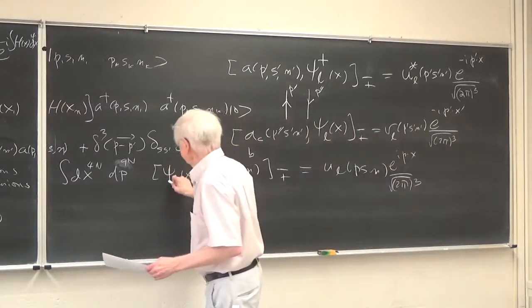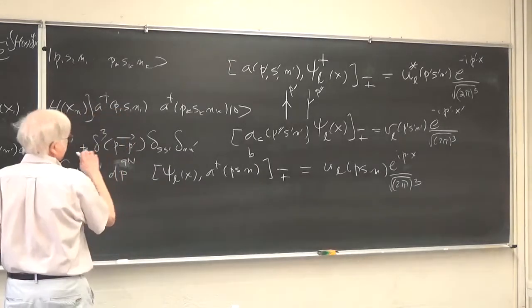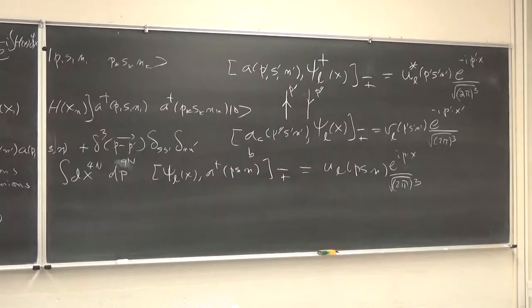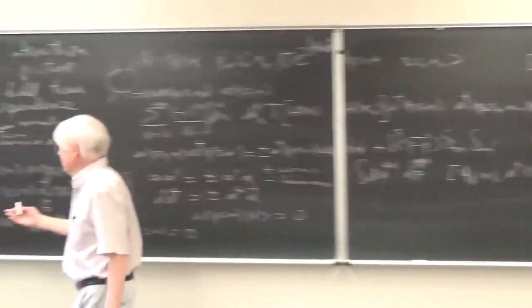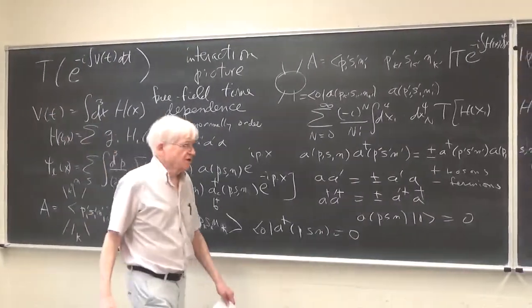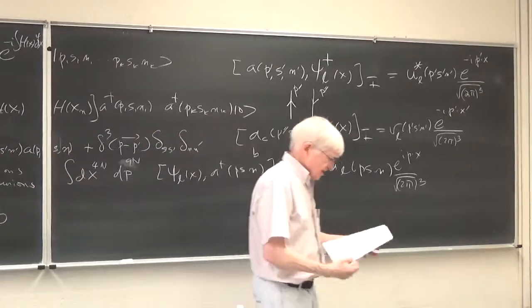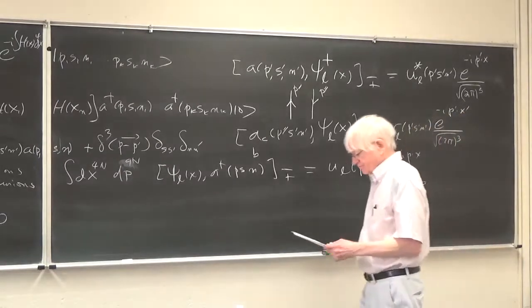So this is psi in one of these that has an annihilation operator that pairs with that and gives you a delta function, and then that delta function, after you integrate it over momentum in some delta spin, gives you this expression over there. So these notes are on the class webpage.